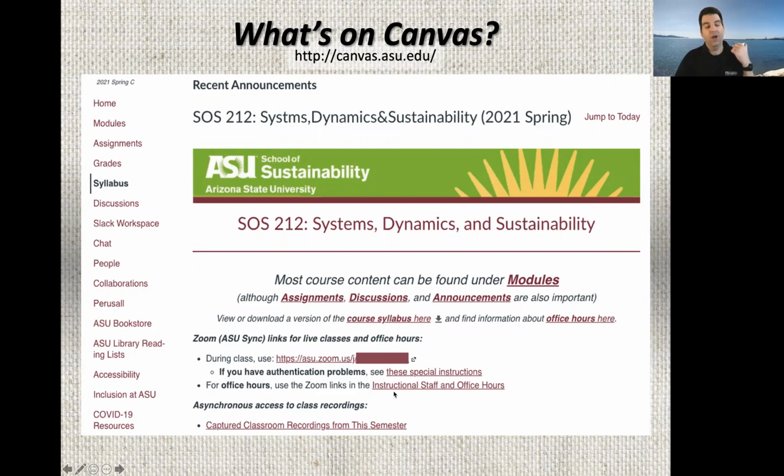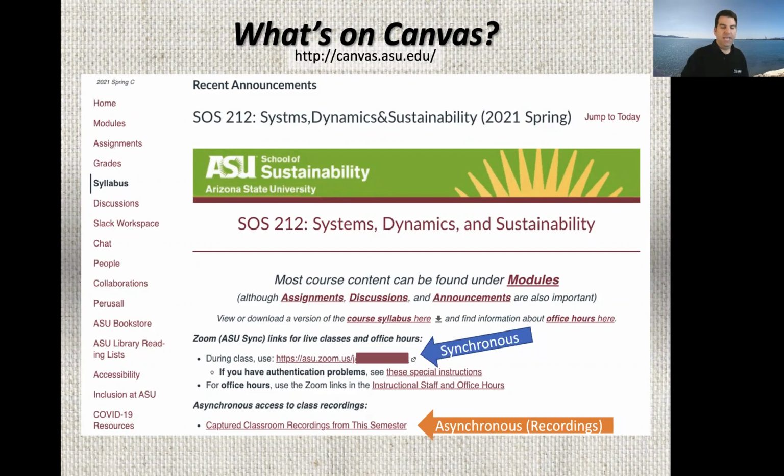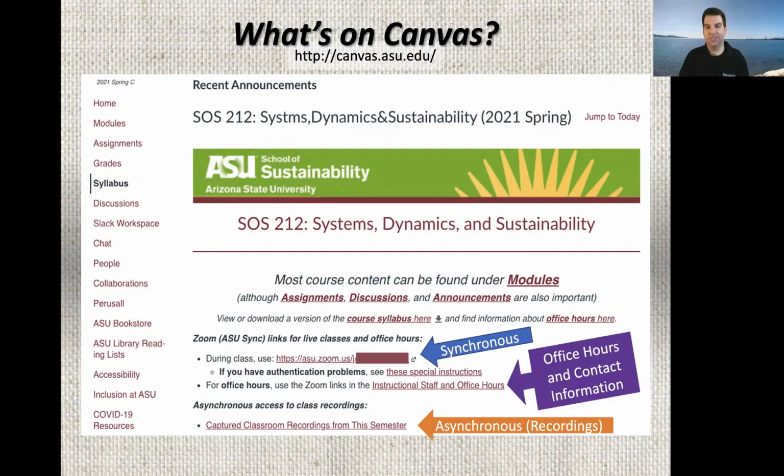If you want to watch a recorded lecture like this one, or you happen to not come to class today, and I'll talk about the policy for that in a second, you can hit that right from this main page. The captured classroom recordings link will bring you right there. So: synchronous, asynchronous, and how to get in contact with us otherwise.